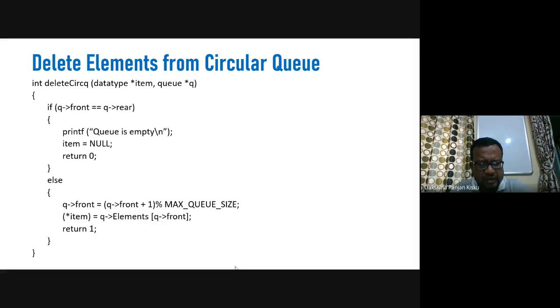Next, we get the element which is to be deleted from the circular queue. So initially we check whether the queue is empty or not. If the queue is not empty, then we go for the deletion of the element. Before we get the element, we need to refer to the position from where the element is to be deleted. Then we get the element which is to be deleted.